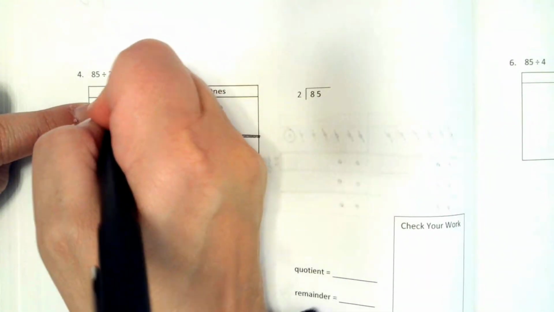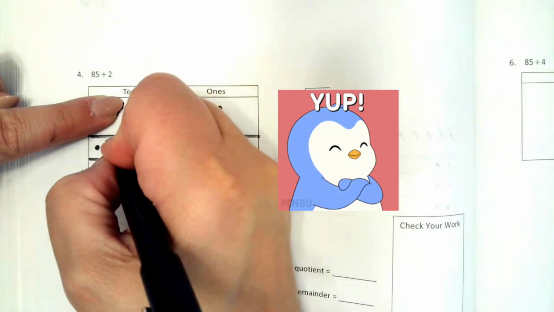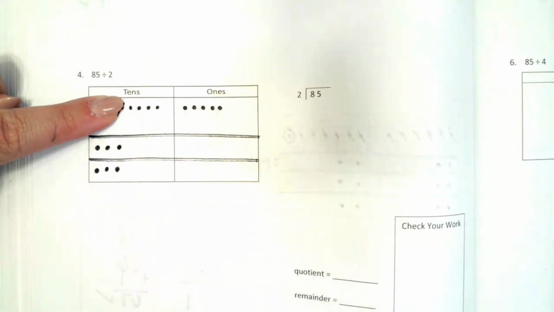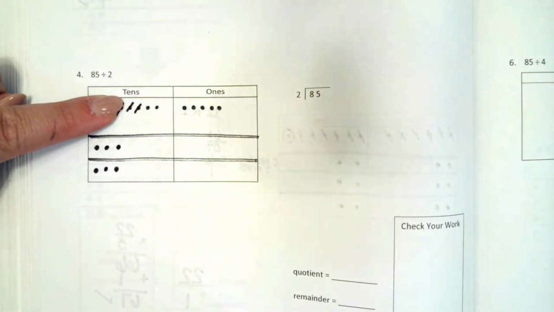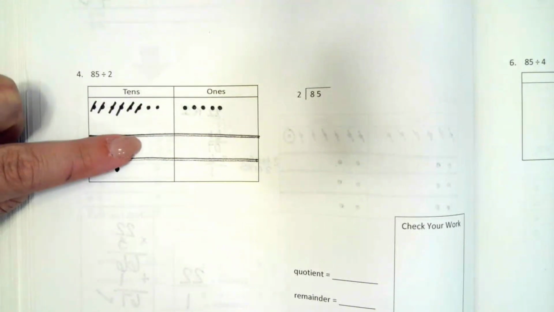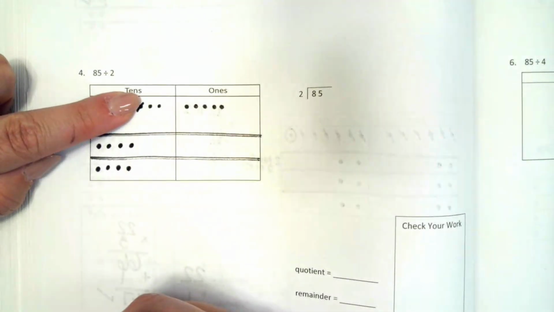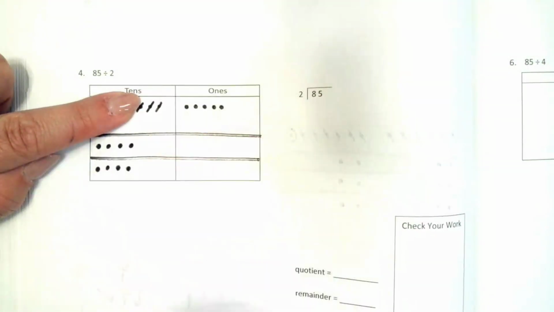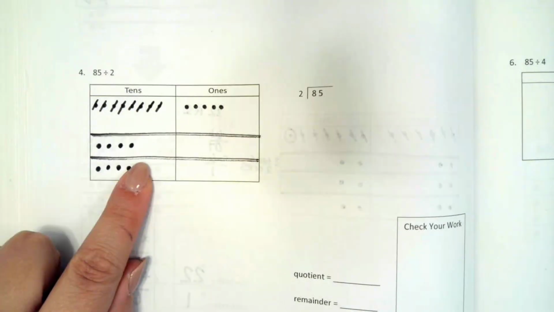Can we do another disc in each group? Yes, we can. Go ahead, put them in. Now we used 2 more, so we cross off 2 more up here. Can we put 1 more in each group? Yes. 1 here and 1 here, and we used 2 more. We distributed all of the tens.